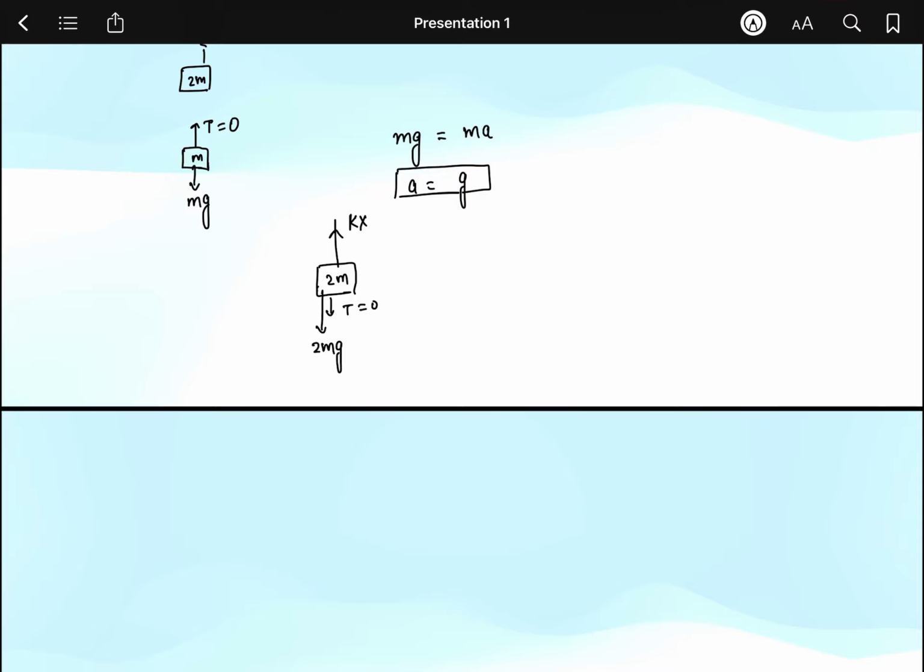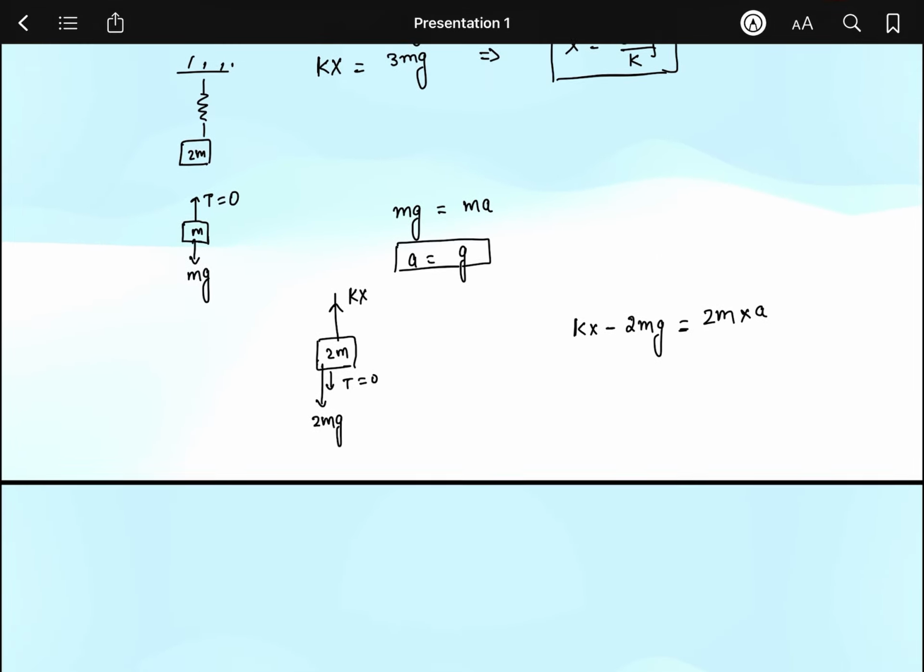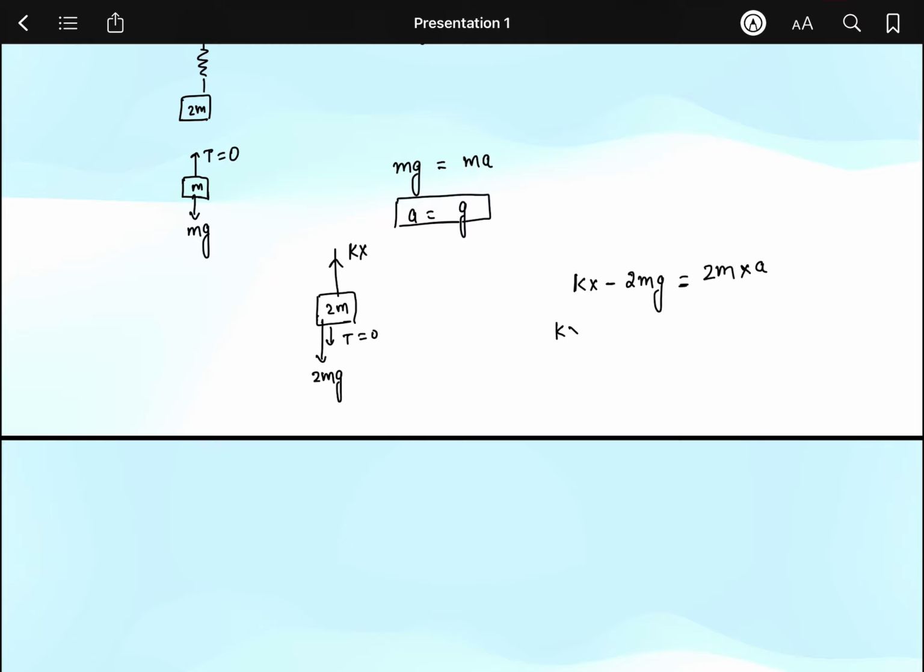Now we can write the equation of motion for this block. That will be kx minus 2mg, that will be equal to 2m into acceleration of this block. Now I can substitute the value of x here, as we have already calculated it, that is x is equal to 3mg by k. So k multiplied by 3mg by k minus 2mg will be equal to 2m into acceleration of this block.